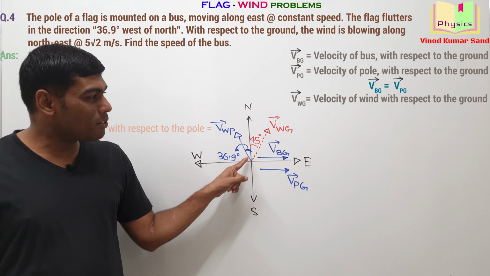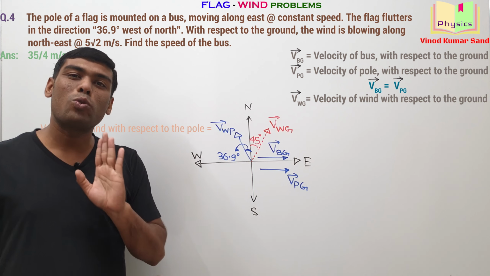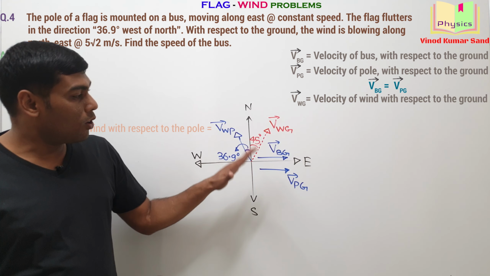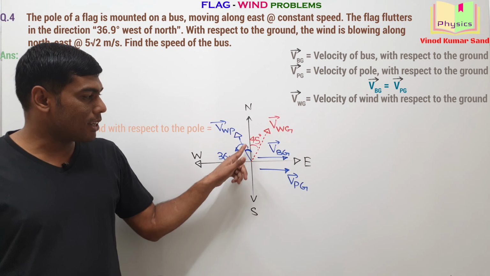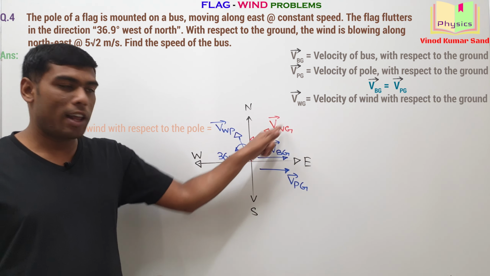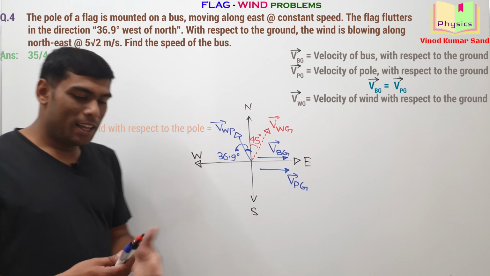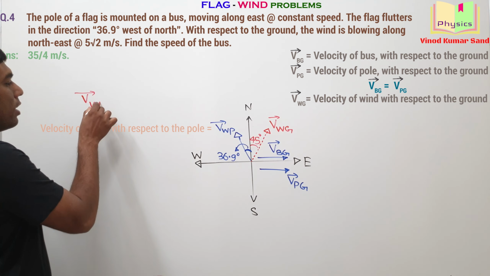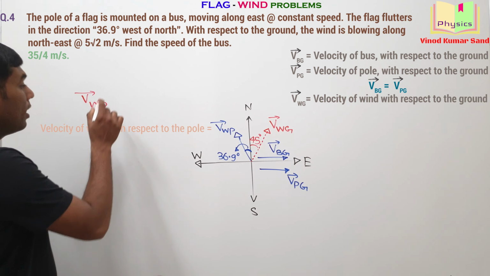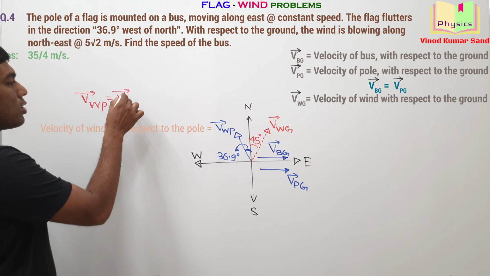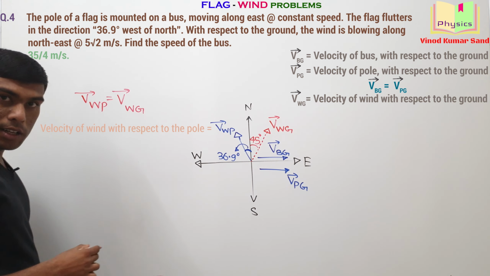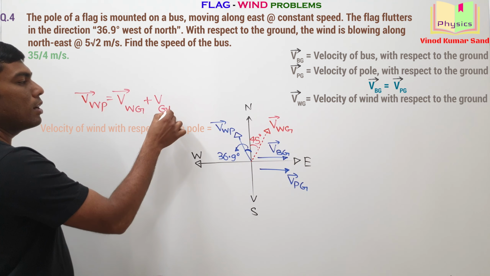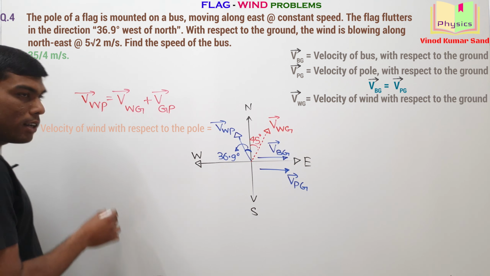And the velocity of the wind with respect to ground is 5√2 meter per second along the northeast direction. Northeast direction will lie exactly at the angle 45 like this. Okay. Now writing the formula, we know that velocity of the wind with respect to the pole is actually written as velocity of the wind with respect to the ground plus the velocity of the ground with respect to the pole. Do you agree with this?